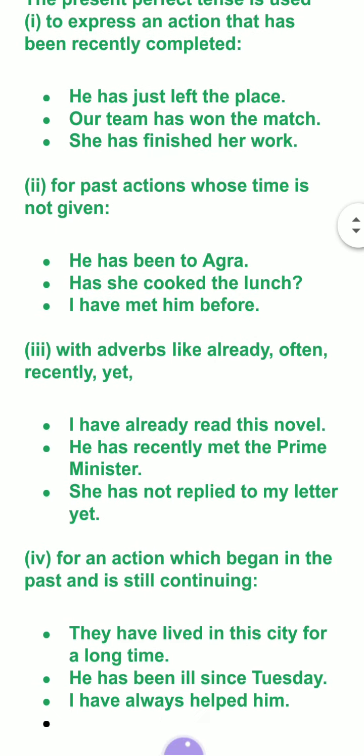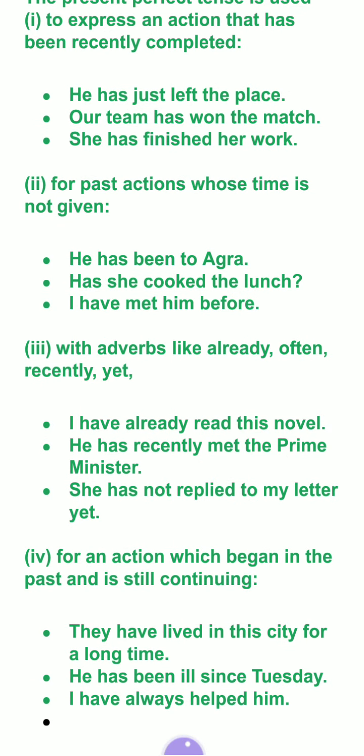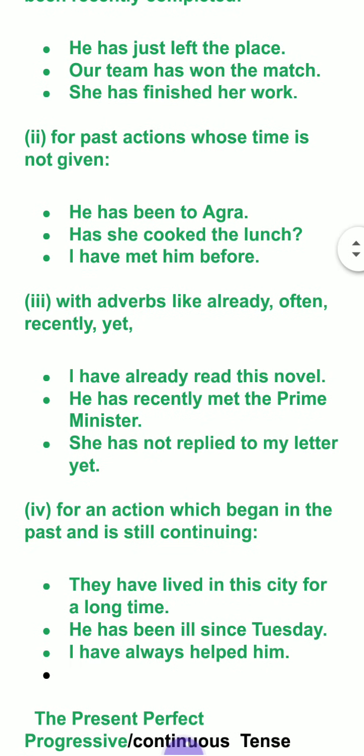Now we have the second use: for past actions whose time is not given. This tense is also used to express a past action when time is not given. If there is no time given, it is present perfect, and if it is given, then it is past perfect continuous tense.